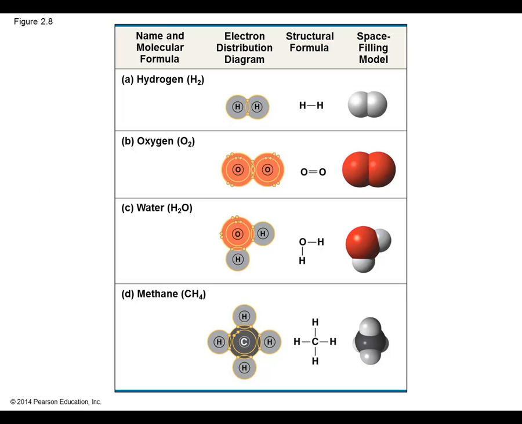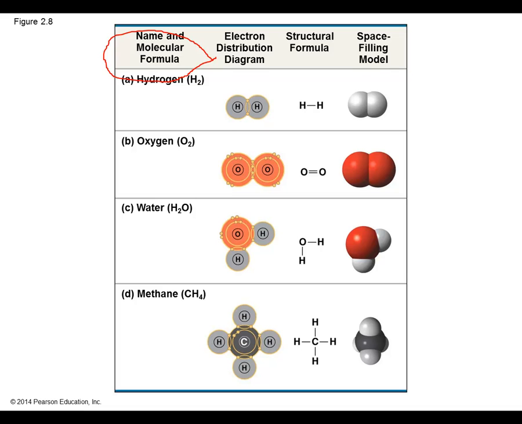So this figure shows covalent bonding in four molecules, and it gives you an idea of how you represent the molecules. So first of all, you have the name and molecular formula. So in the case of hydrogen H2, that indicates each molecule has two hydrogen atoms.